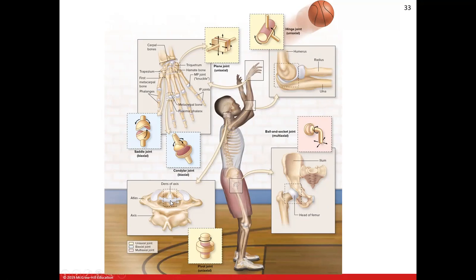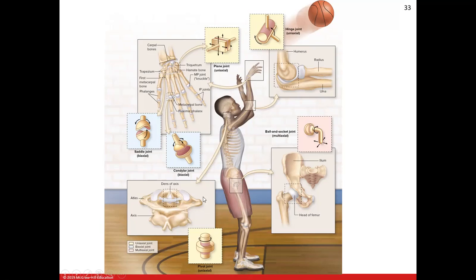The other location that we see is between the atlas and the axis, particularly between the dens of the axis and the annular ligament here of the atlas. You'll notice that ligament holds the dens in place, and that allows for pivoting movements or rotation of the atlas at the head location.